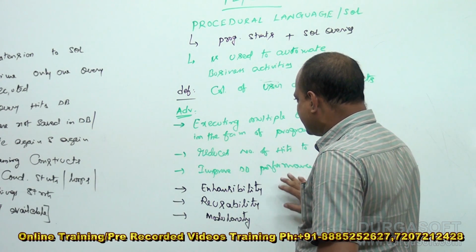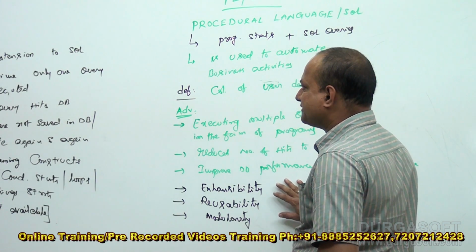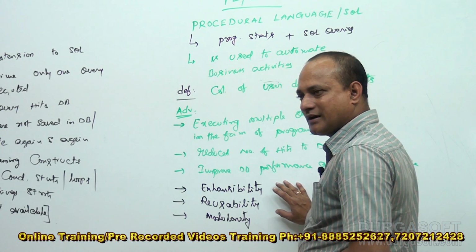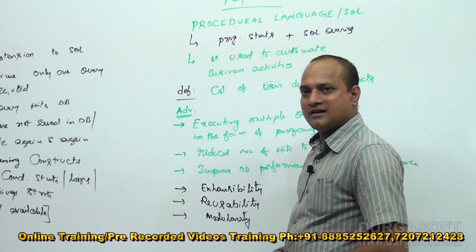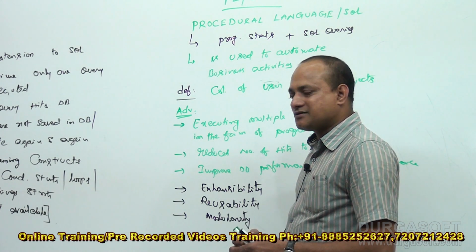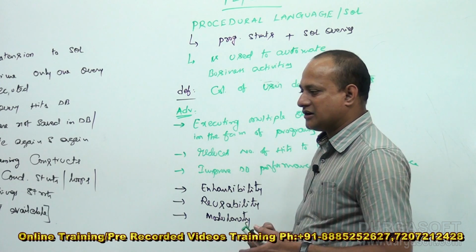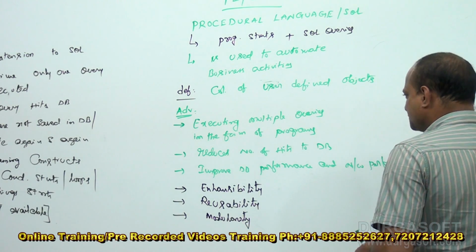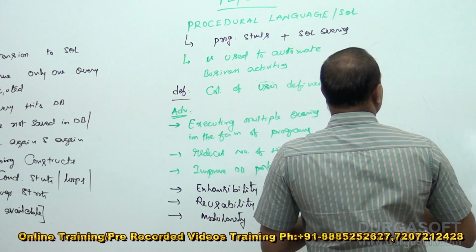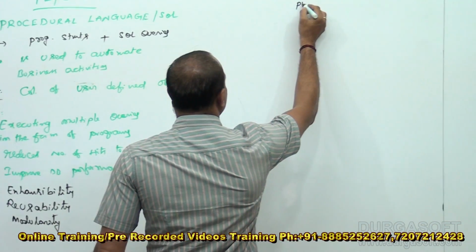Whatever things you are unable to perform in SQL, you can perform by using PL/SQL. And you can save the SQL queries in the form of PL/SQL objects inside the database server. Now, what are PL/SQL objects?